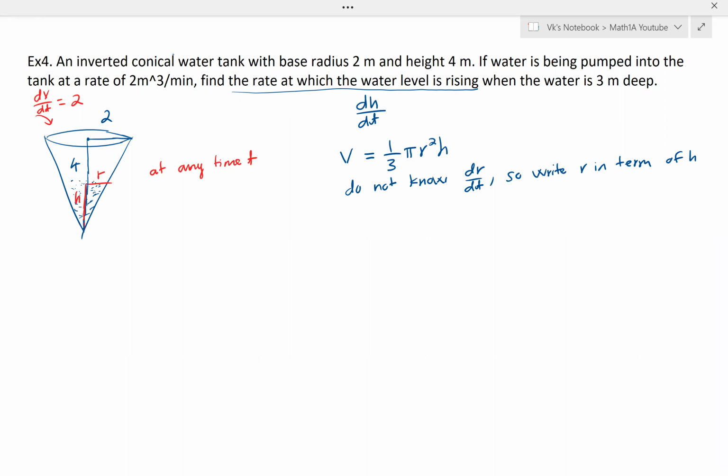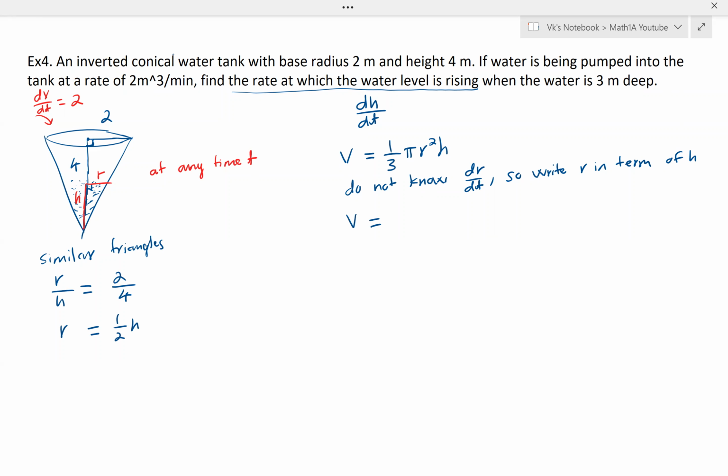Look, there are 2 triangles here, the bigger one and the smaller one. Similar triangles have the same ratio. r over h must be the same as 2 over 4. So r is half of h.